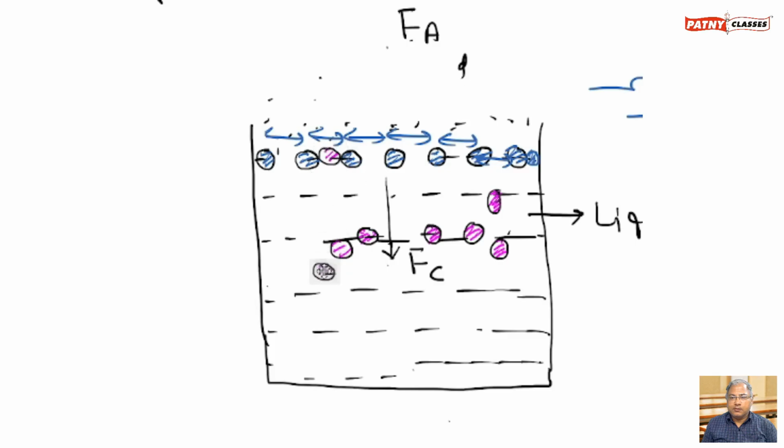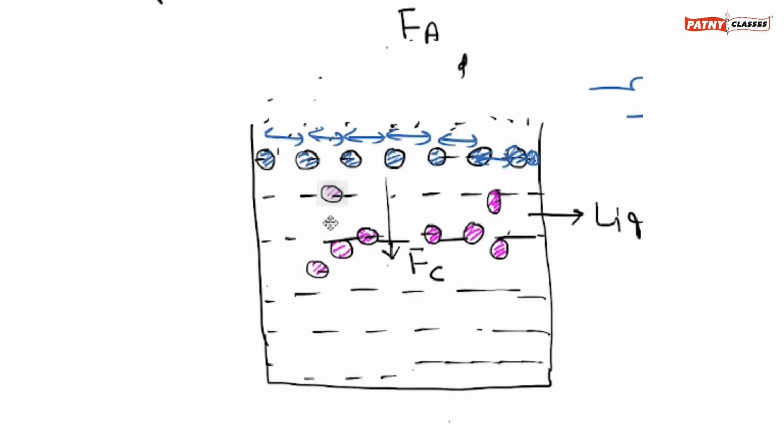They will not come easily, because the molecules already inside the liquid are attracted by other molecules inside the liquid from all directions. So it is not an easy job to bring a molecule from inside of the liquid to the surface of the liquid. For that, we need to do work.